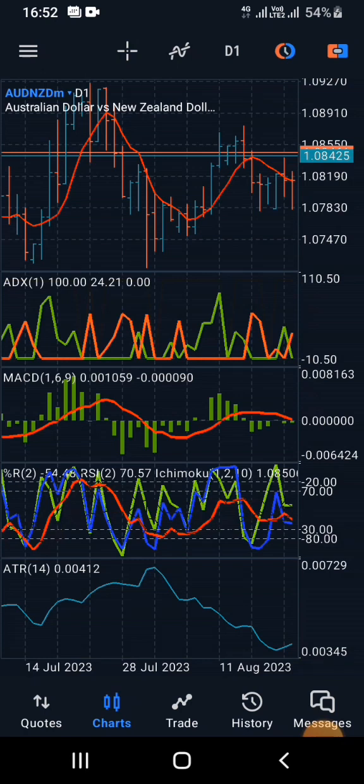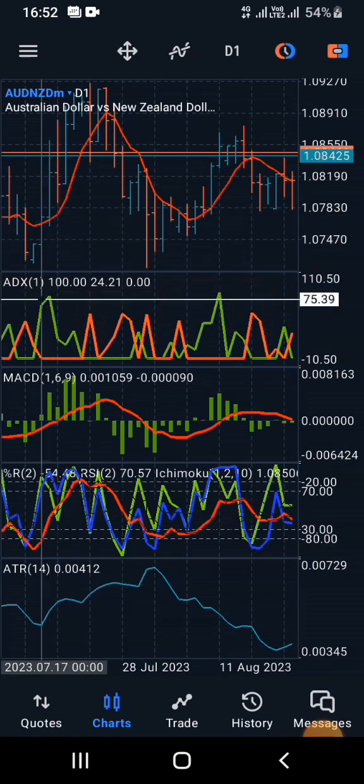When green is above the red, what does that indicate? It indicates we are going long. You can see clearly from here in this particular bar, we notice that the green line is above the red, so we are to go long.